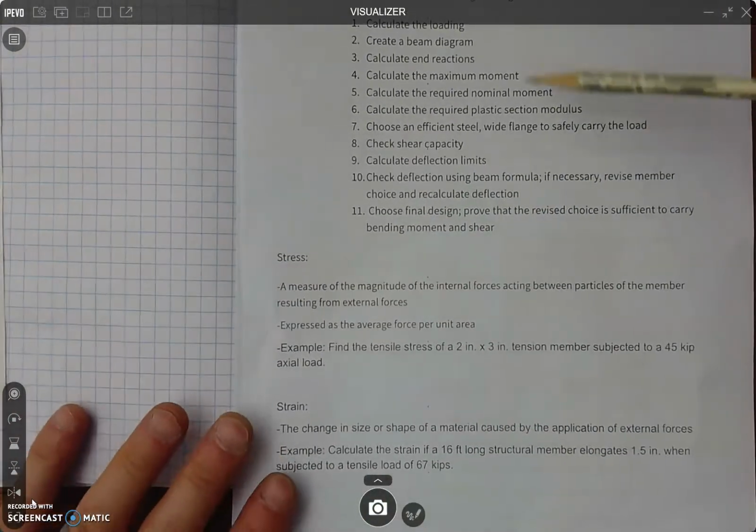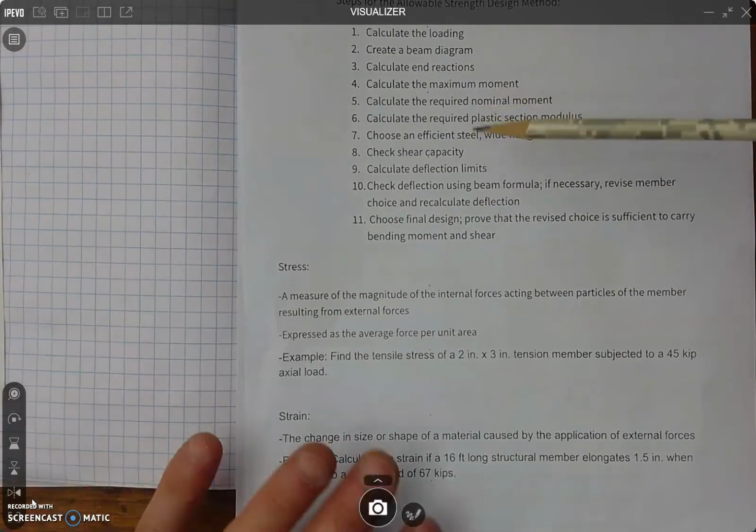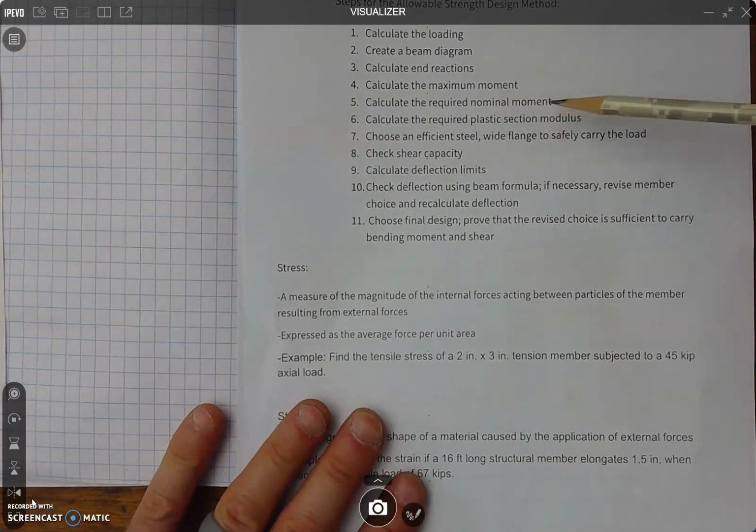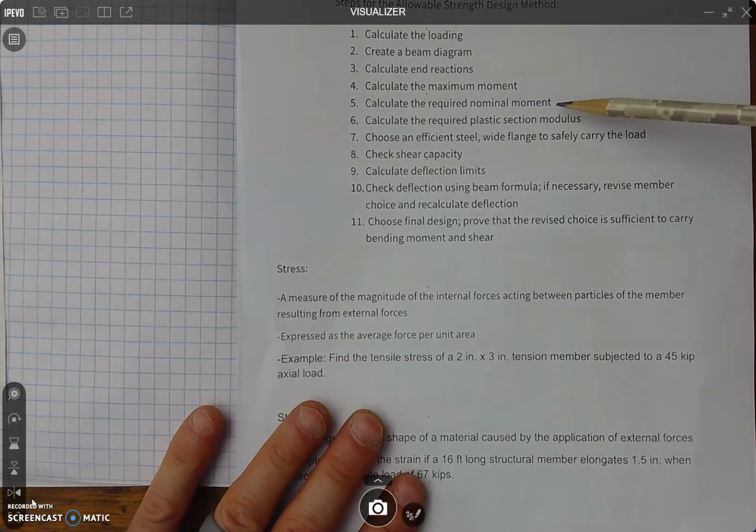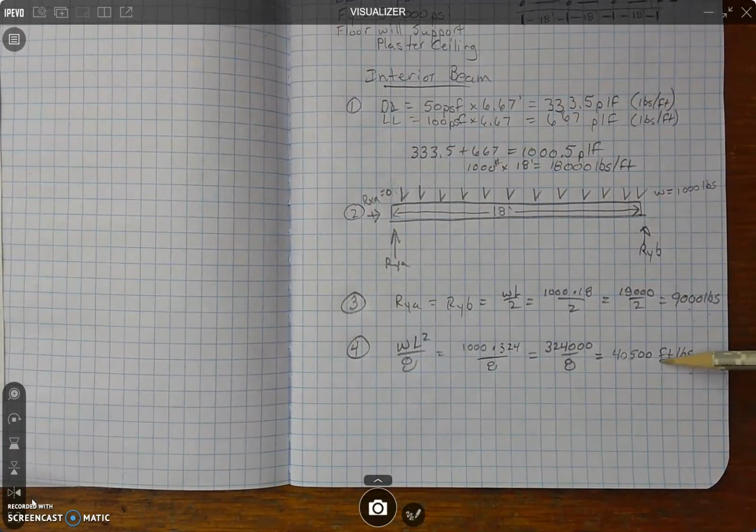Okay, so the next step. I'm going to do one more, and then this video will be over, and I'll make a second video. Calculate the required nominal moment. What this means is we've figured out the maximum moment that we need from a design point. However, we usually design our beam to hold more than the maximum of what we think the loading will provide.